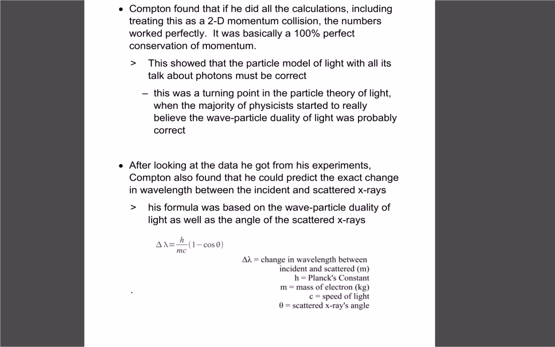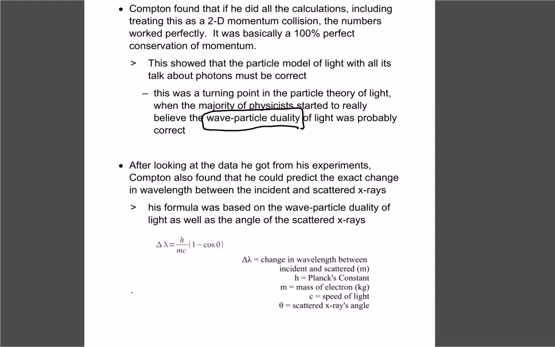This was the main turning point to say that this whole particle theory actually has to be true. If light is acting as particles and has momentum, and we're getting conservation of momentum, then that has to be true. From this point on, the whole wave-particle duality theory took over.